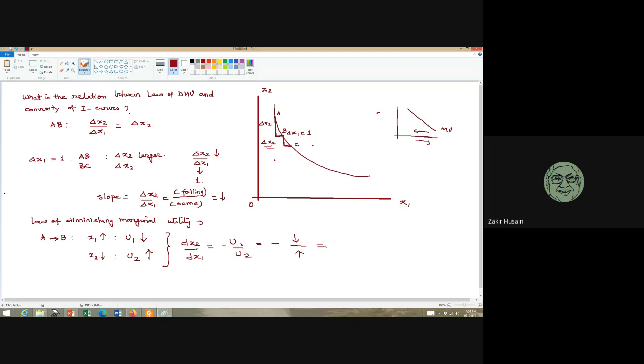Will it increase or will it decrease in absolute terms? Decrease. Okay. So if we assume that diminishing marginal utility holds, then automatically we can establish that the indifference curve will be convex to the origin.